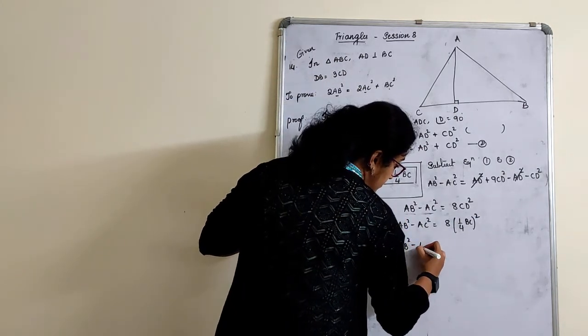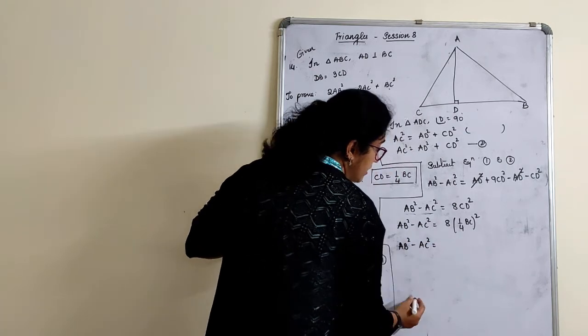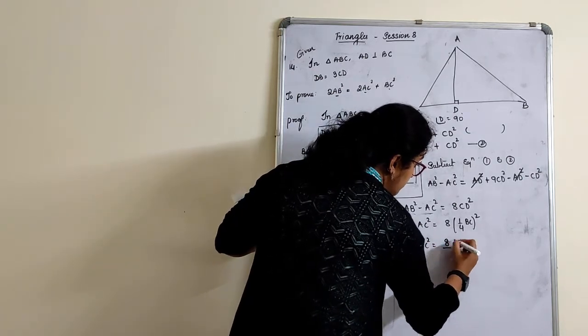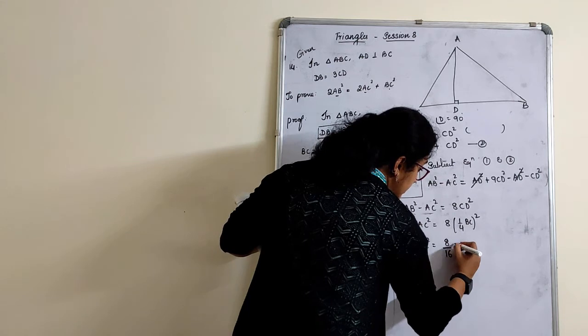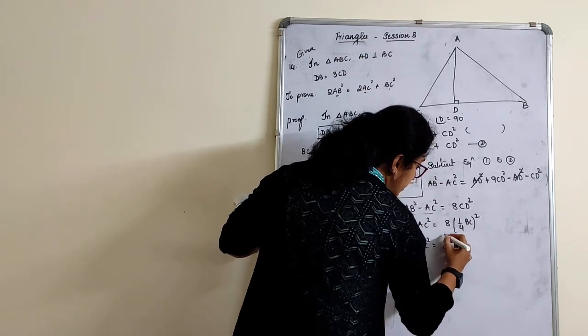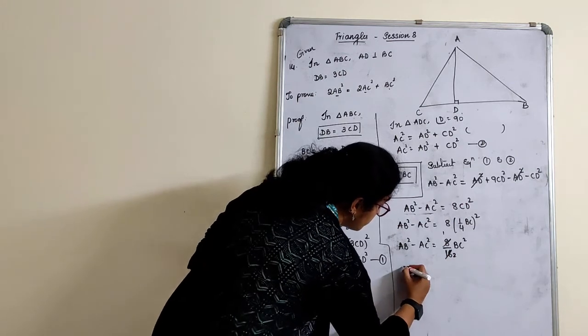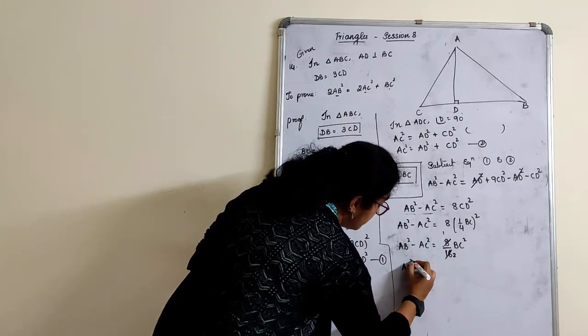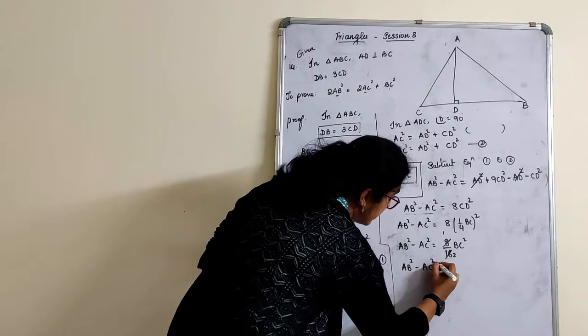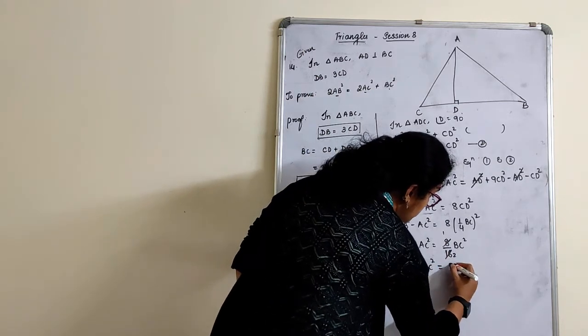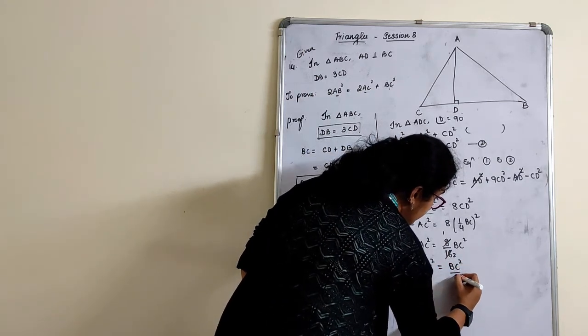AB square minus AC square is equal to 8 by 16 BC square, 8 ones are 8, 8 twos are 16. So AB square minus AC square is equal to BC square by 2.